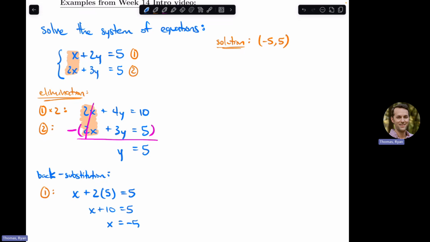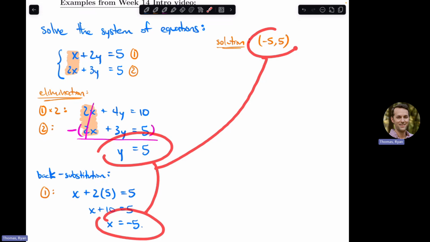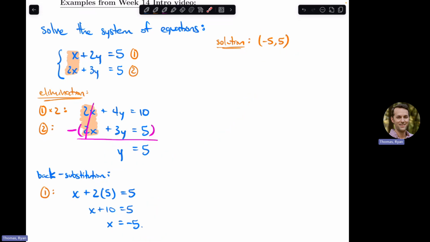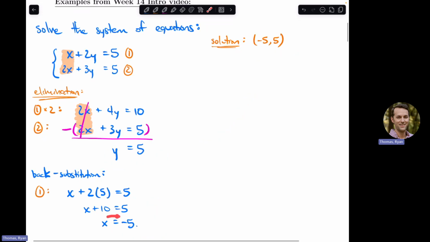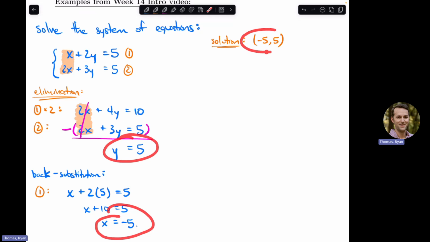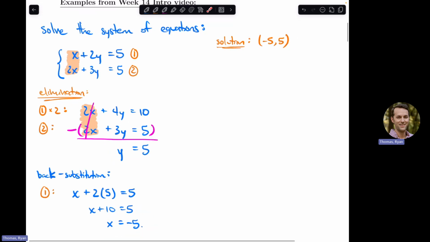So x equals negative 5. And then our solution, these two things go together, would be this point, negative 5, 5. When x is negative 5, y is 5, that's that as an ordered pair.